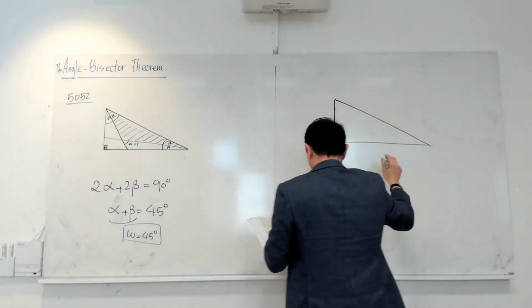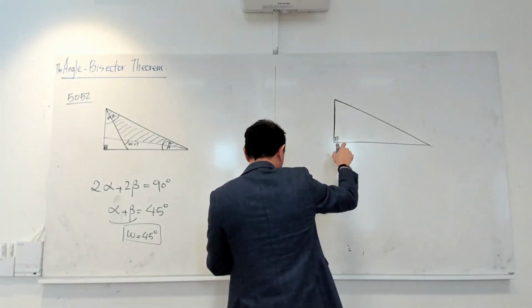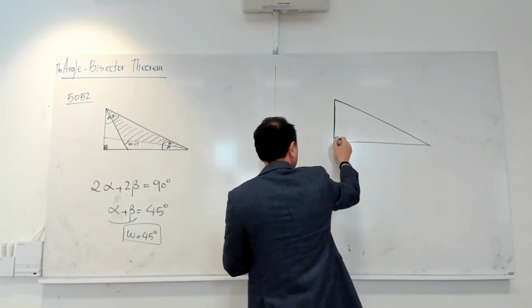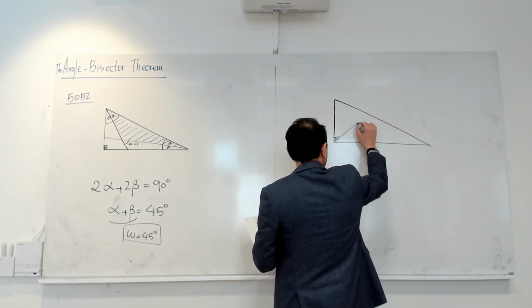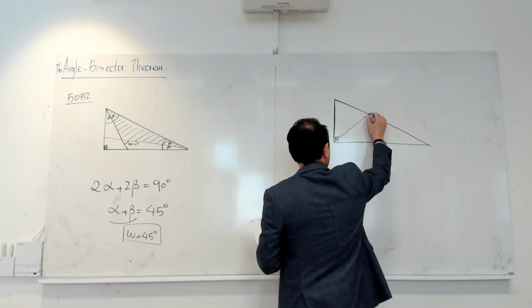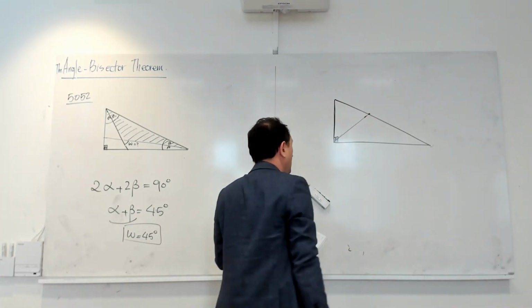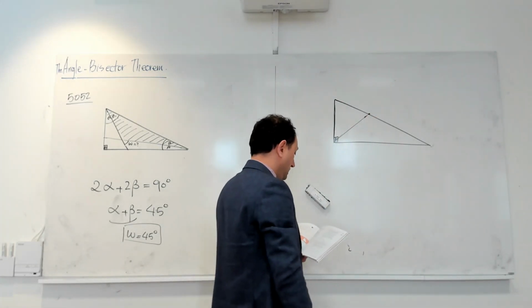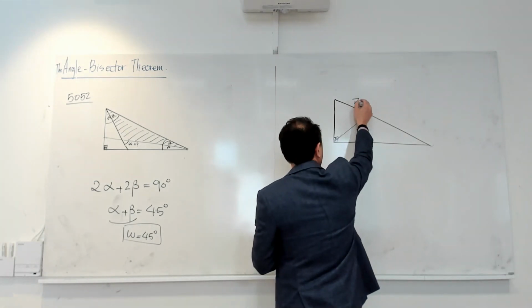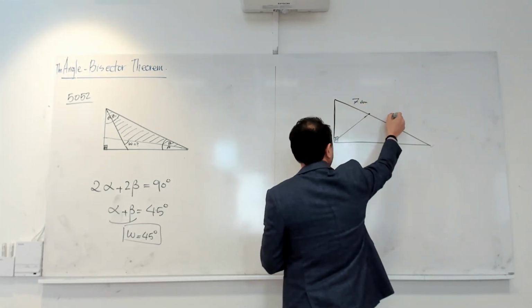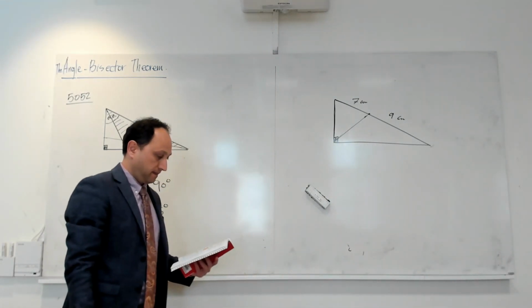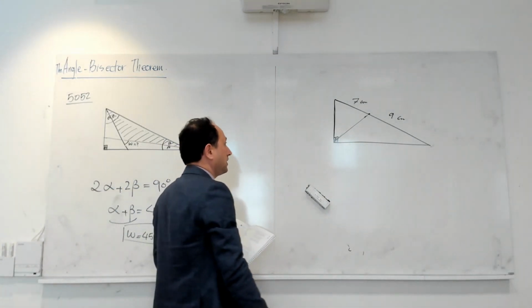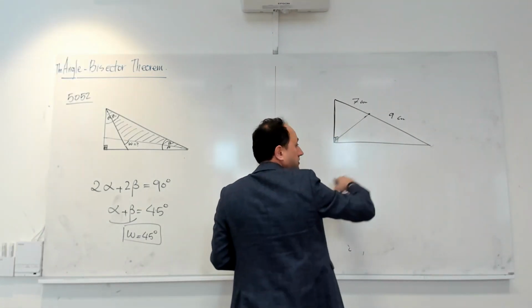The angle bisector of the 90-degree angle divides it into two 45-degree angles, and it will intersect the hypotenuse. One part is 7 centimeters and the other one is 9 centimeters. We are supposed to find the length of the sides.